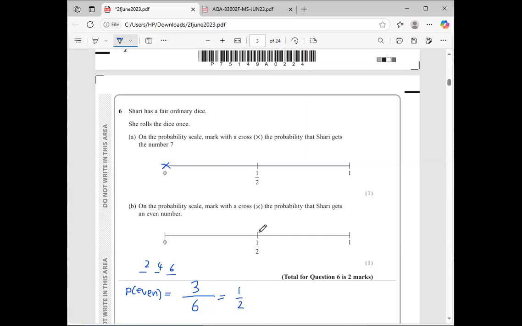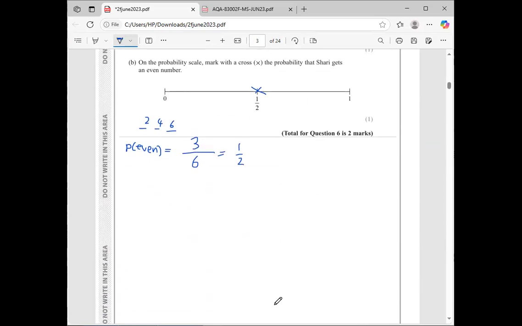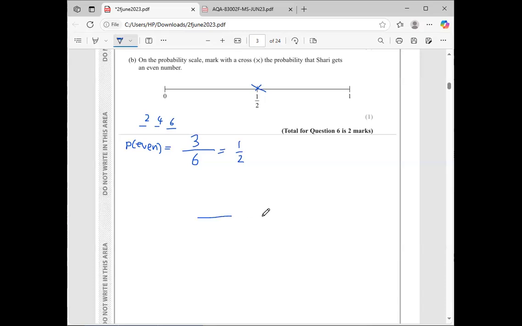Yes. So we're going to be marking here half. Are we good with that? Yes, yeah.